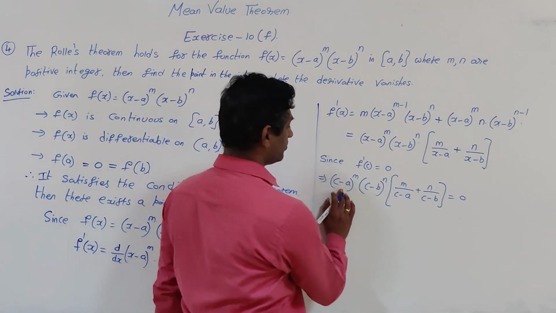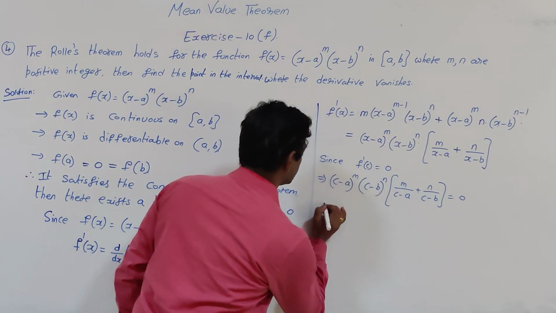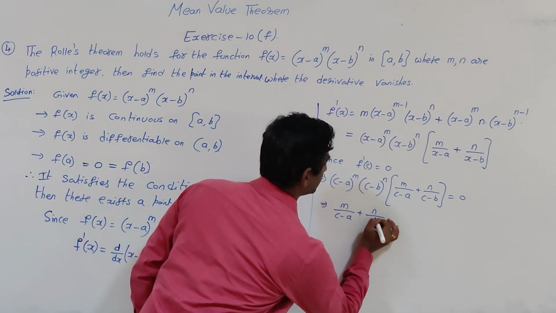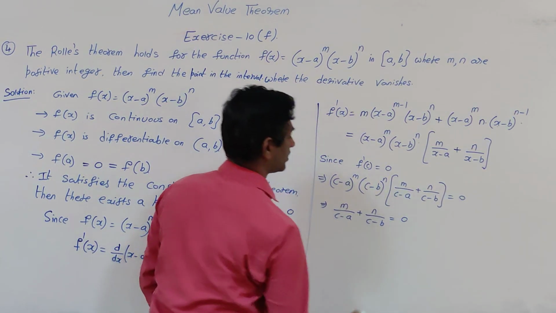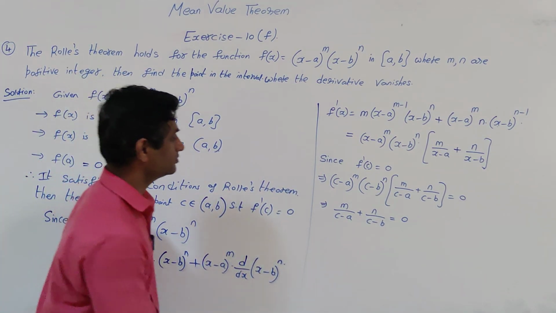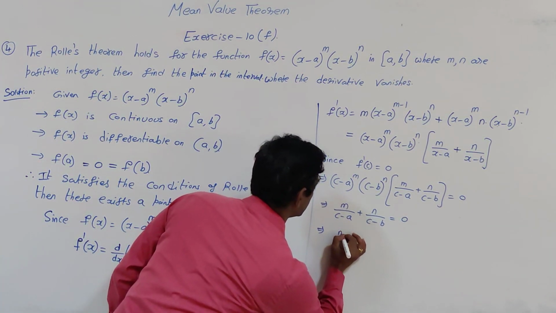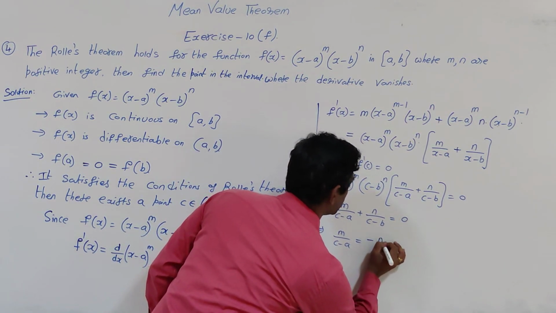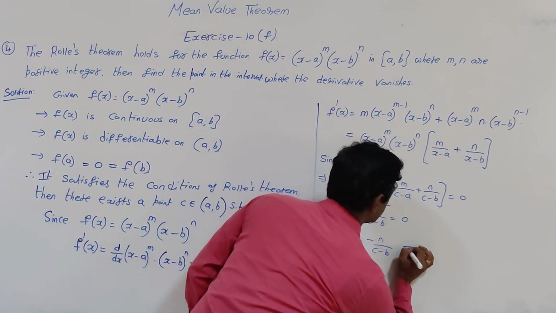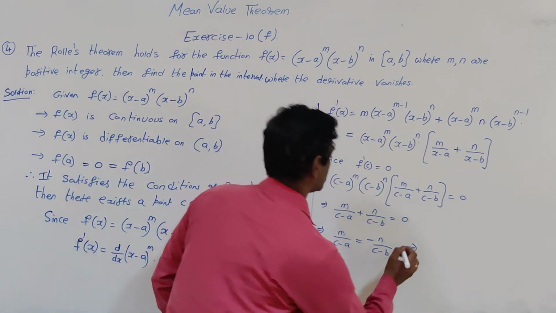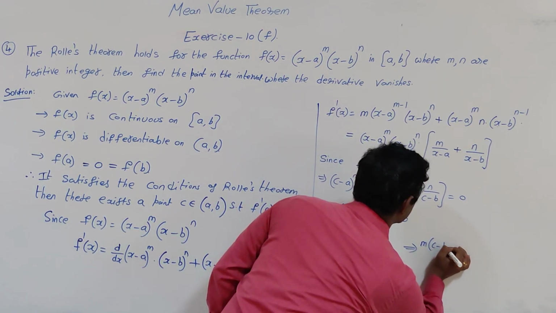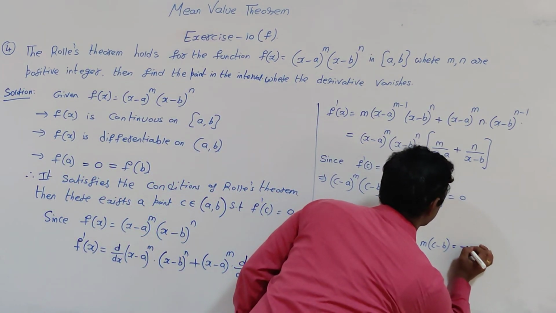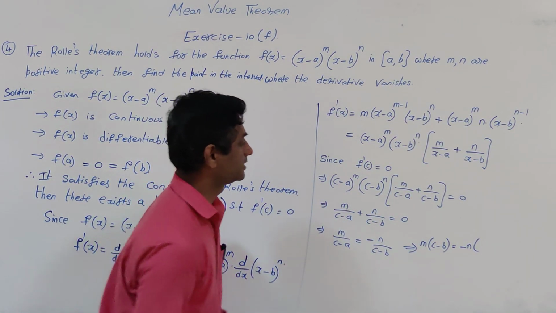So this will not be 0, this will not be 0, means we can have m by (c minus a) plus n by (c minus b) is equal to 0. Now we require what is the c value. So m by (c minus a) is equal to minus n by (c minus b). Take the cross product. m times of (c minus b) is equal to minus n times of (c minus a).